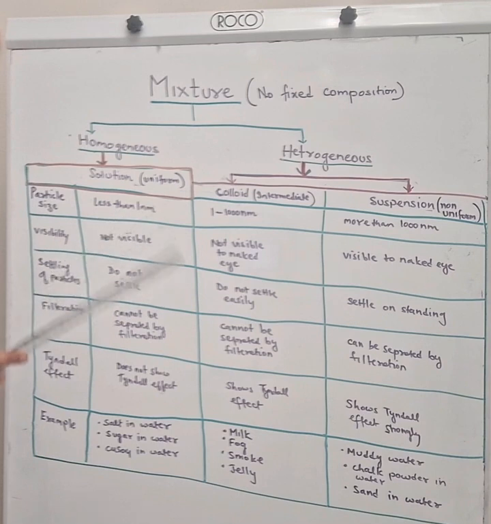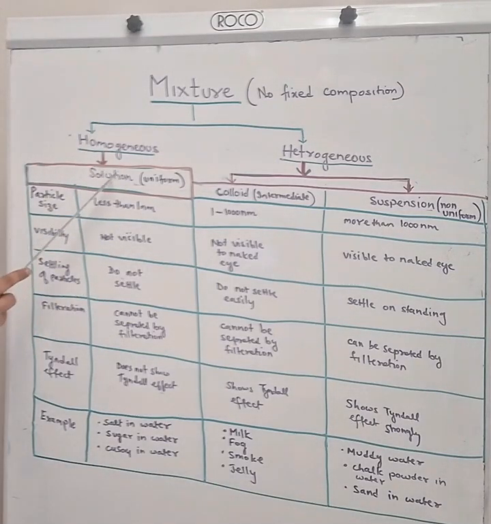They all are mixtures. That means they are made up of more than one substance which is not chemically combined, but physically combined, and they don't have a fixed composition.